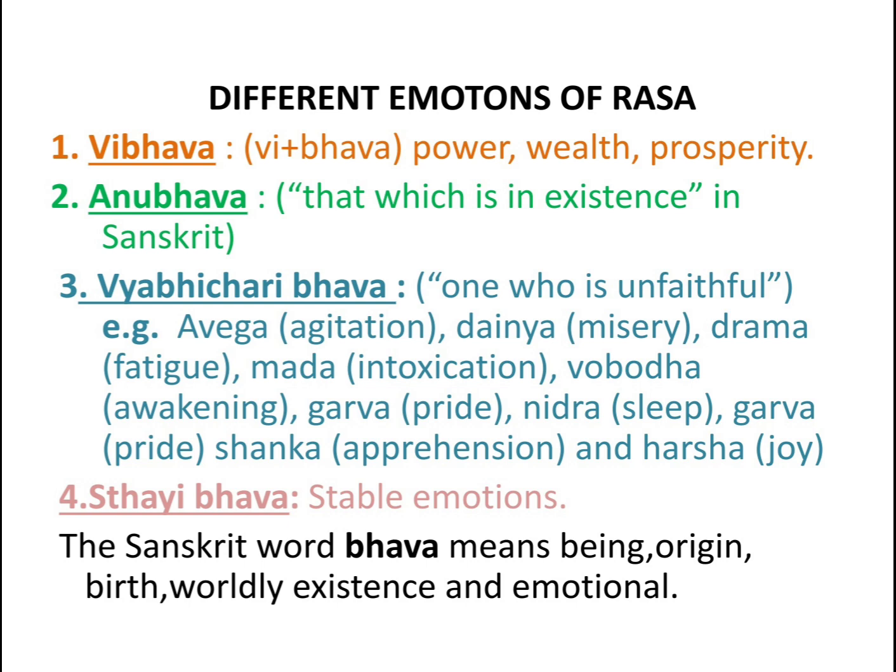Moving further with the different elements of rasa, that is vibhava, anubhava, vyabhichari bhava, you can note it down, you can see all the points on the screen. And the fourth one is sthayi bhava, stable emotion. The Sanskrit word bhava means being, origin, birth, worldly existence and emotion.